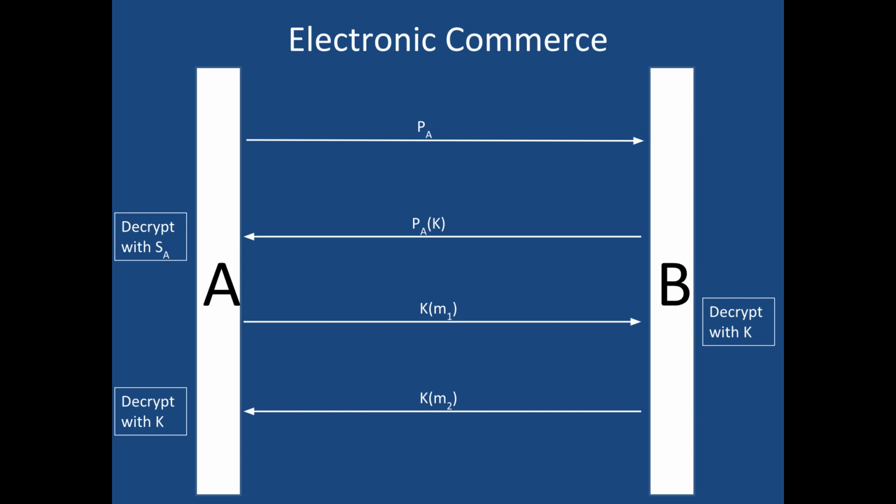Once Eve has intercepted it and substituted her own AES key, B will never be able to decrypt it because B doesn't know that key. So she can sit in the middle and pretend to be the browser and order things, but she'll have to pay for it with her own credit card number. B can't communicate in the conversation anymore because it's not using the AES key that Amazon is.